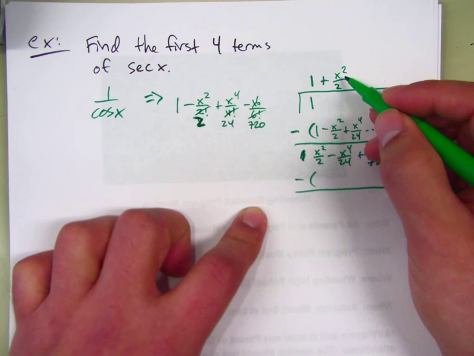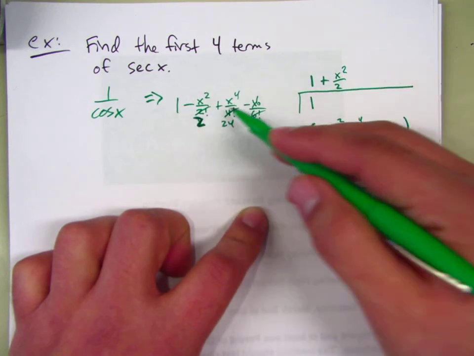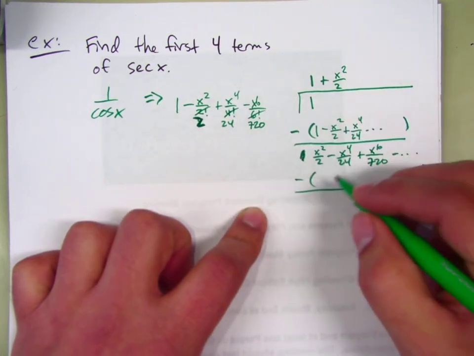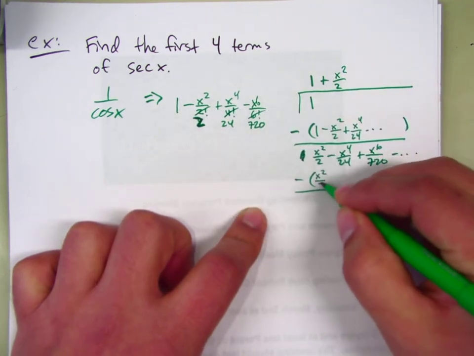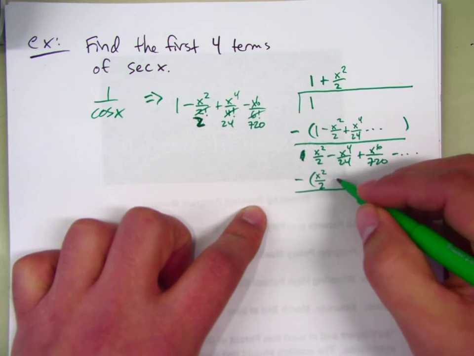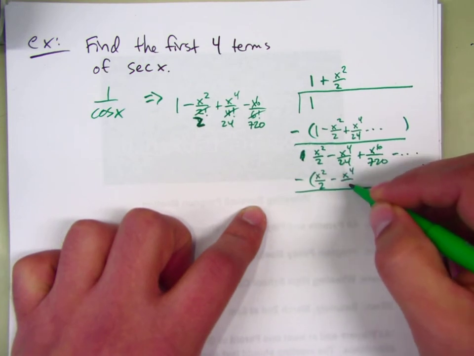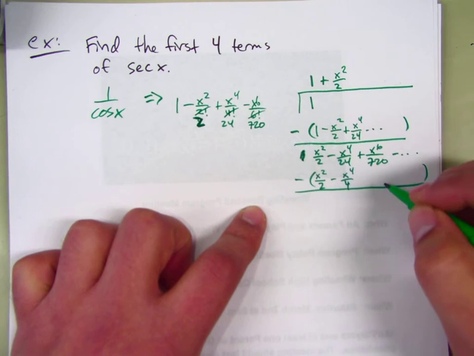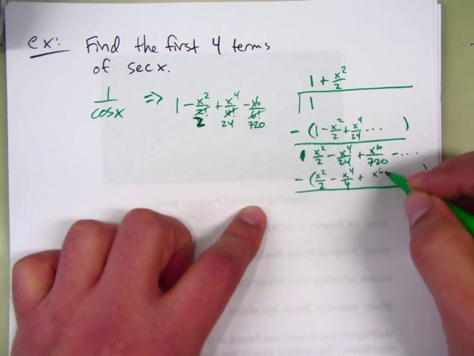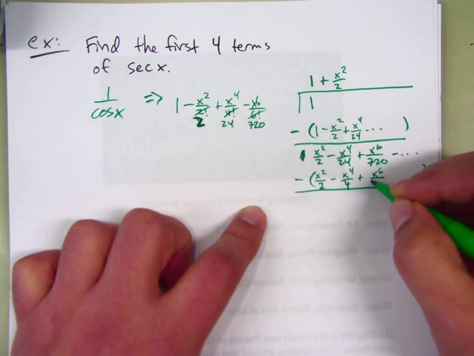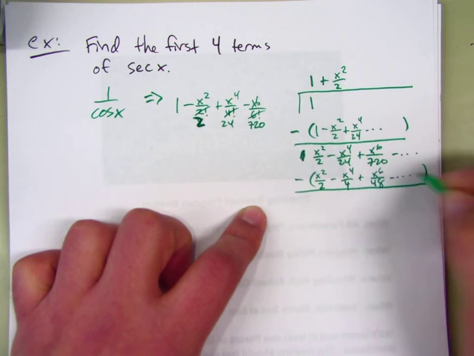So now we're multiplying x squared over 2 to this. So that's going to turn into x squared over 2 minus x to the 4 over 4 plus x to the 6th over 48, and so on.